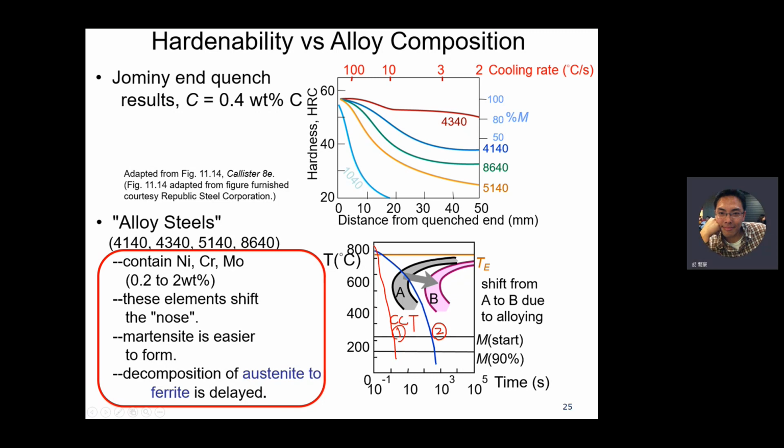For the CCT 1, the martensite should form, right? Because there's no intercept of the CCT curve 1 and the TTT diagram of 8.